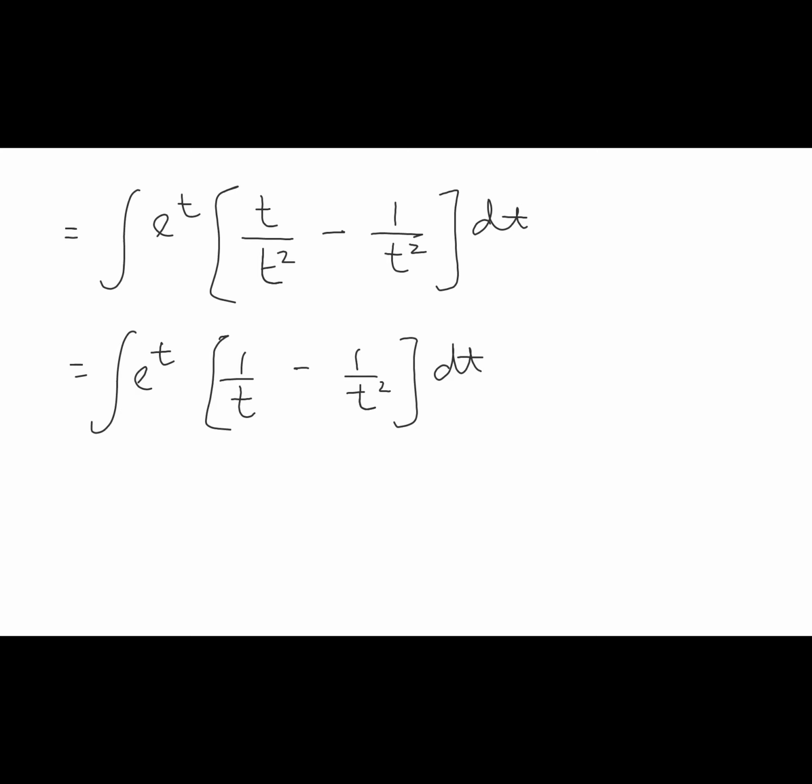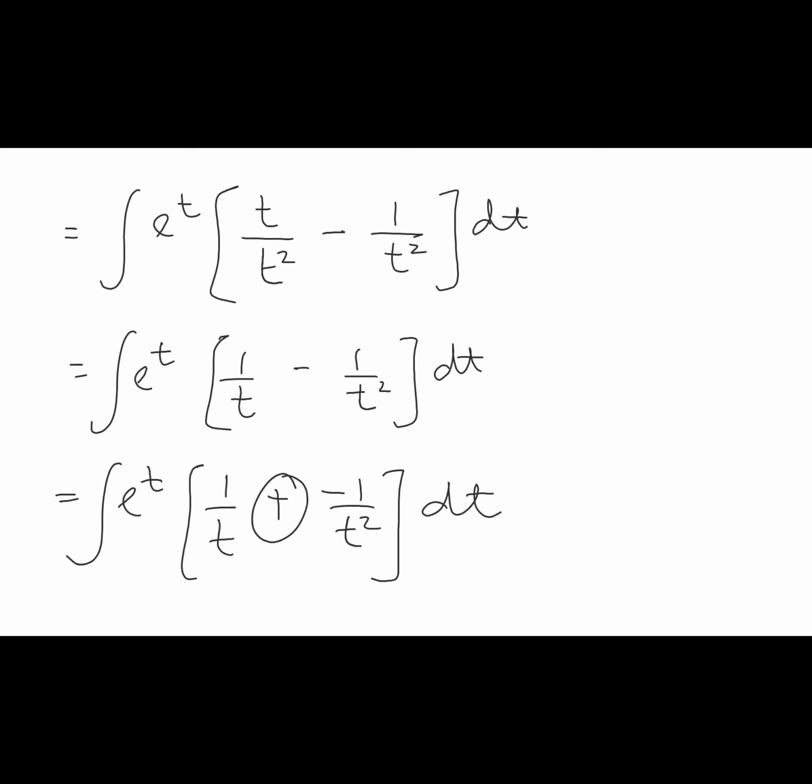Fine. Further, I'll write this as e raised to t, 1 upon t plus minus 1 upon t square dt. I need a plus sign in between, so the minus sign is shifted over here. So now, don't you feel the first term is f of t and the second term is f dash t? Yes.